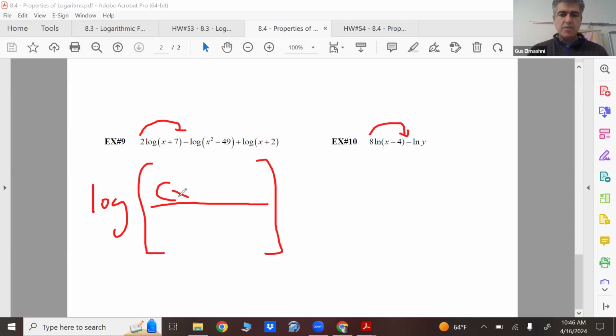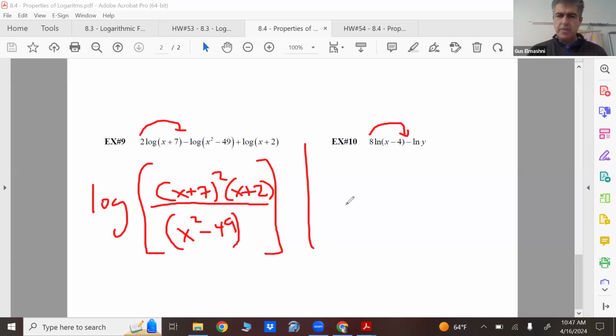So it's x plus 7 squared, x plus 2, and then x squared. And then here, natural log of x minus 4 raised to the 8th power and y.